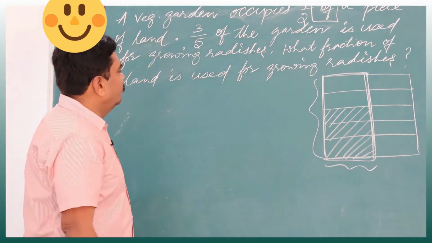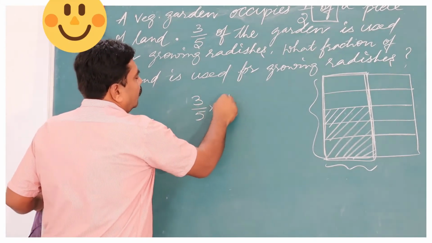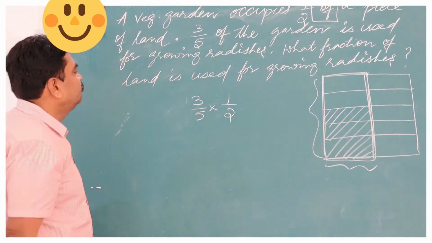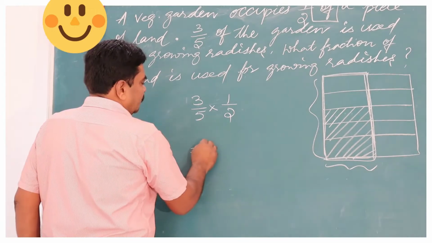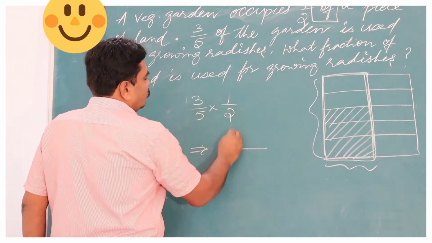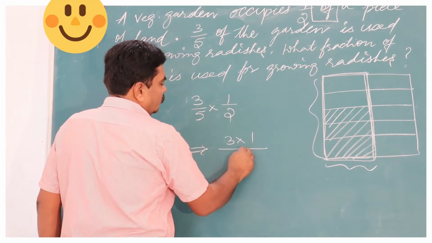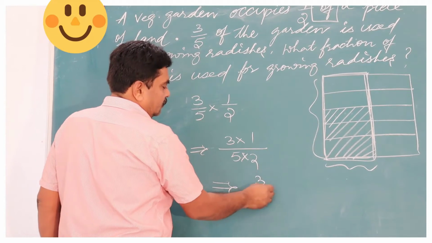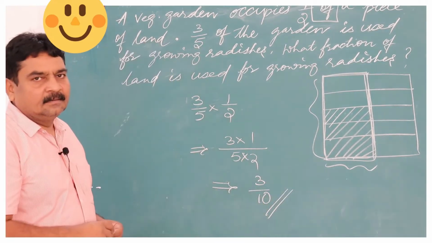We can say 3/5 of 1/2. What does it mean? It means 3 into 1, 5 into 2. It gives you 3 ones are 3, 5 twos are 10. This is your answer, right?